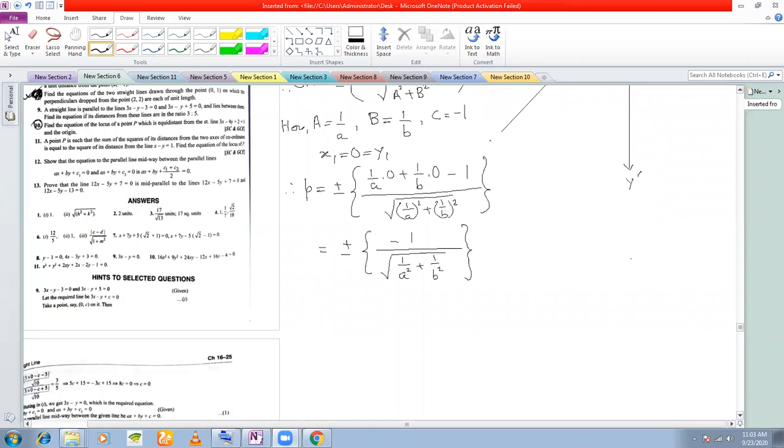Sumit Gupta, you can hear me? So which sign should we choose? Tell me, Devanjan, which sign should we choose?